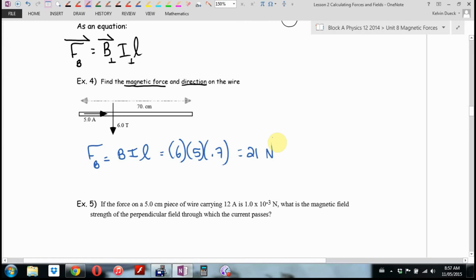Direction. Okay, how do we figure out the direction? This is the third right-hand rule. Point your right thumb in the direction of the current. Point your fingers like you're high-fiving in the direction of the magnetic field. Now this one's a little awkward. I'm either going to do that, or do that, or move my paper, which is probably what I would do.